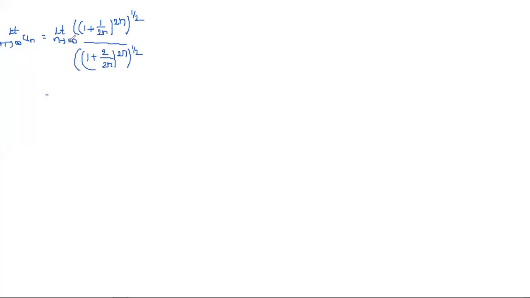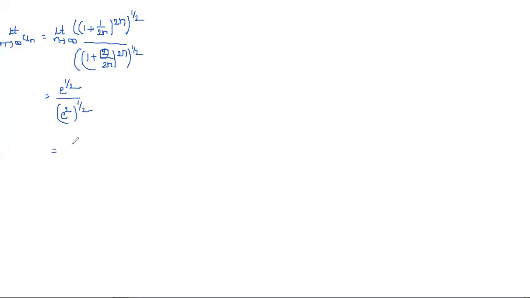This limit is applicable for both the numerator and denominator. In the numerator we get e power 1 by 2, and in the denominator, since it has 2, that is e square whole power 1 by 2, which is nothing but e power 1.